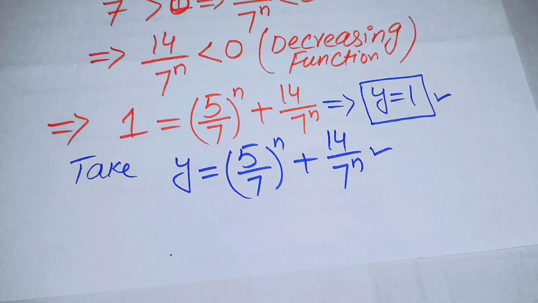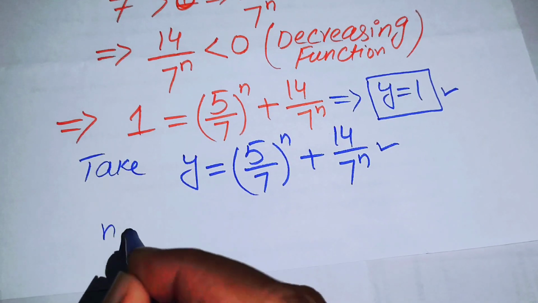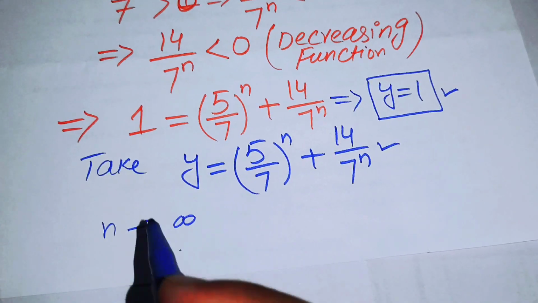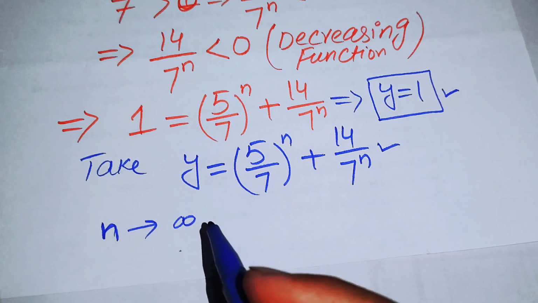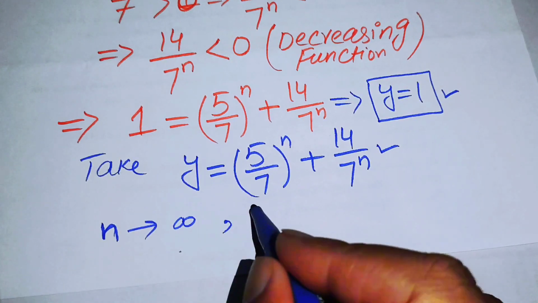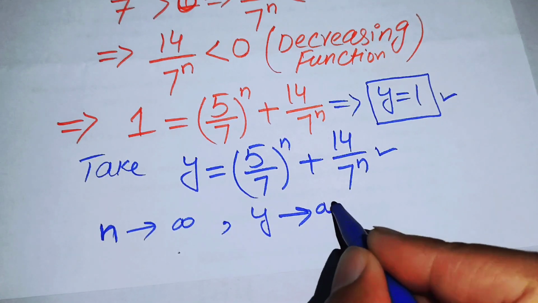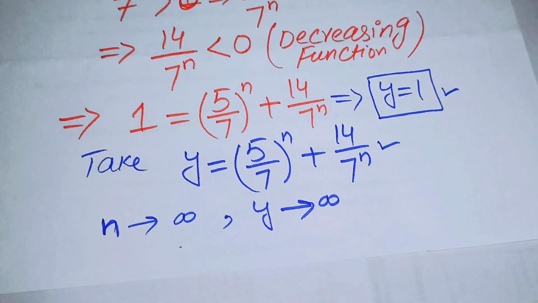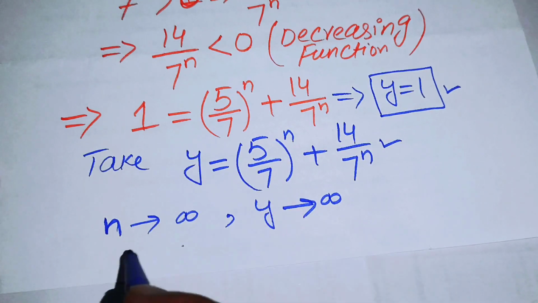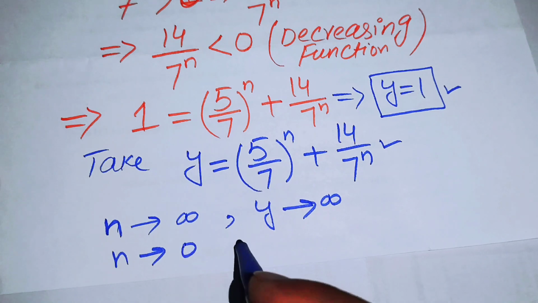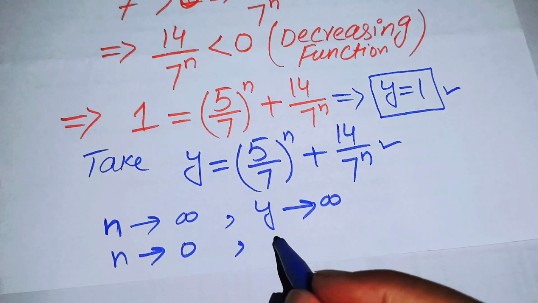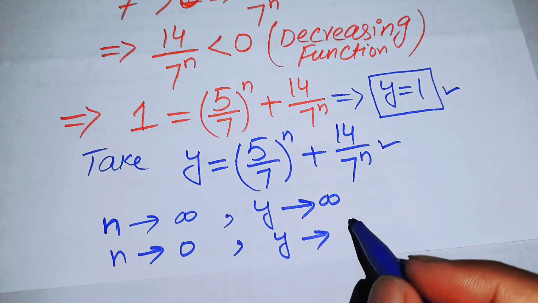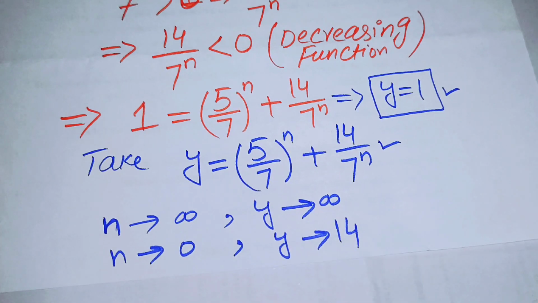And now when n approaches infinity, then you see that y approaches infinity. And when n approaches 0, then y approaches 14.